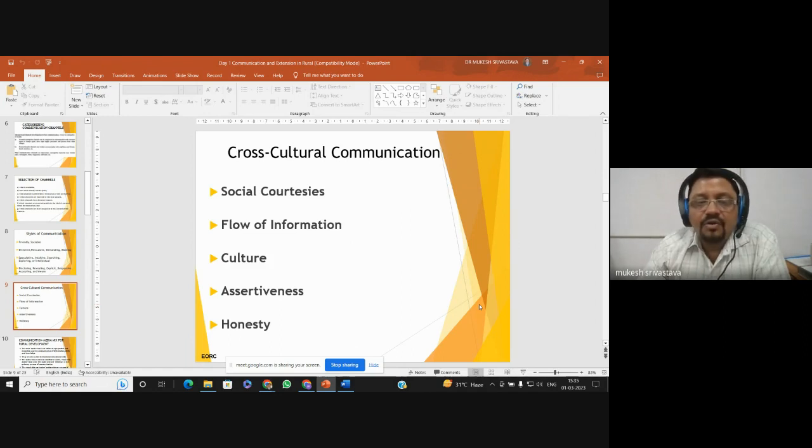Another thing is the flow of information, and culture. Flow of information means we have certain information, like we are sitting in India and we are trying to share all sorts of information related to rural development. The person sitting in Africa can get the information from here and use it in their country for their development, for their positive things or good things.